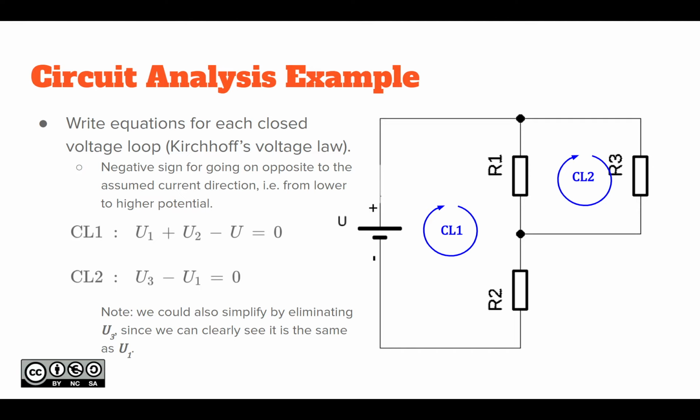Okay, write equations for each closed voltage loop. So that's Kirchhoff's voltage law. There's a small mistake here. It's not the assumed current direction, but the assumed electric field direction.